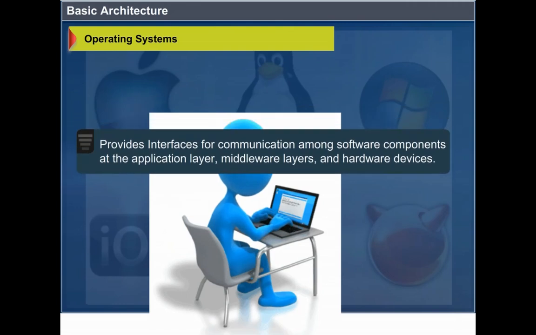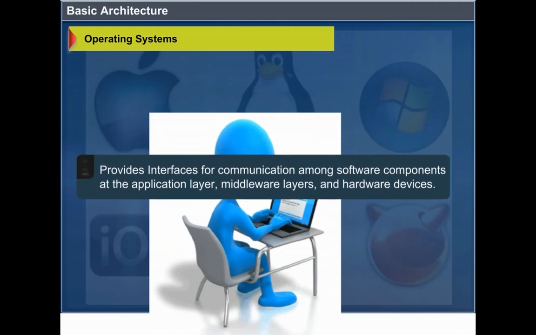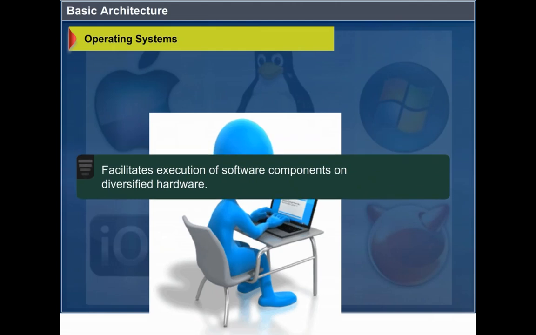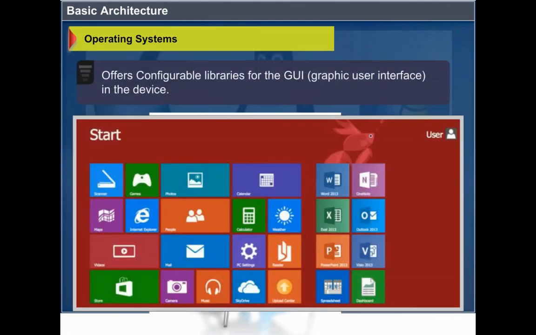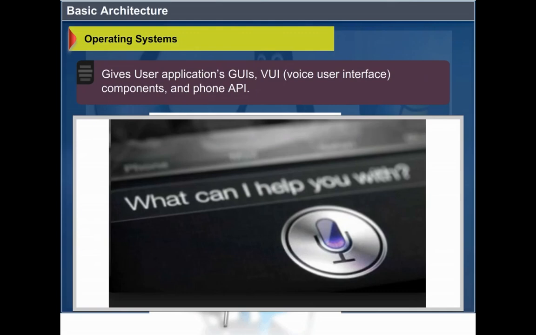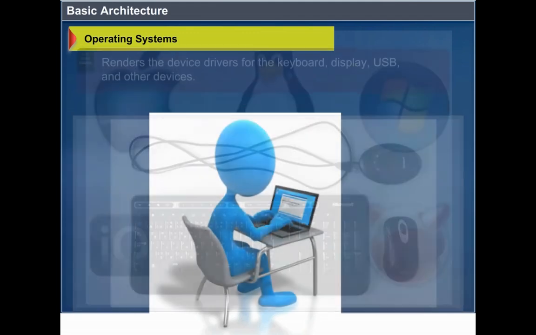Provides interfaces for communication between software components at the application layer, middleware layers, and hardware devices. Facilitates execution of software components on diversified hardware. Provides configurable libraries for the GUI, graphic user interface, in the device. Provides user applications, GUIs, VUI, voice user interface components, and phone API.